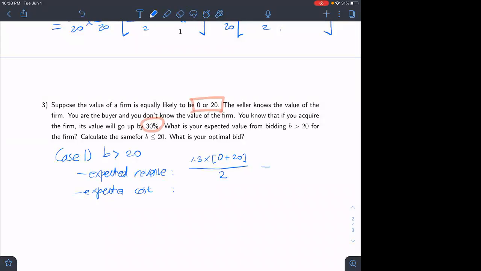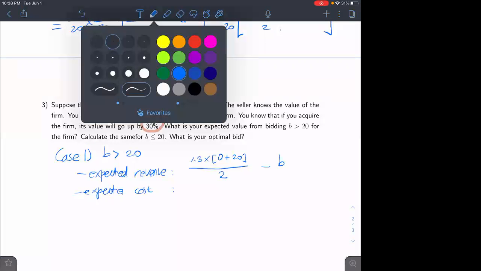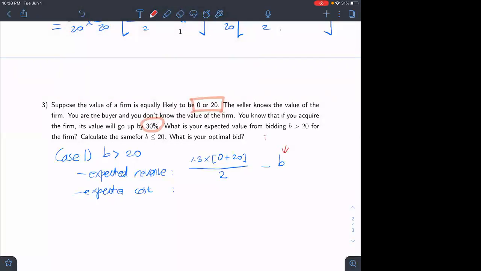In any case, I acquire the firm, so I subtract B. In any case, the firm is acquired. I was doing 2 things at once. So in here, expected cost goes here. In any case, the firm is acquired, and this is the expected revenue from this investment.